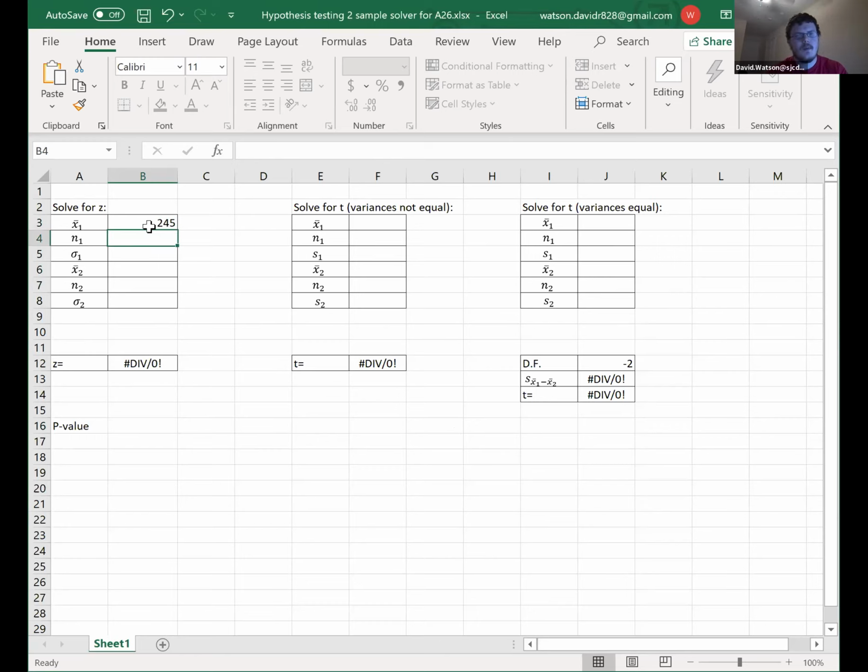Sample size was 25. And our population standard deviation was 20. For sample 2, we had a mean of 251, a sample size of 20, and population standard deviation of 25. So it gives us that our z value is about negative 0.87.